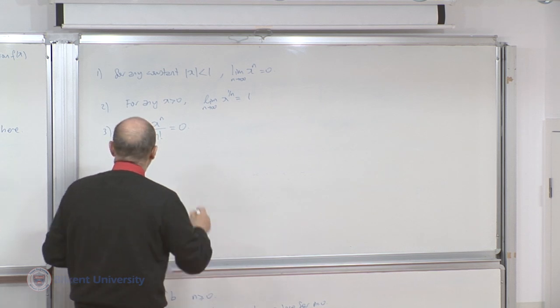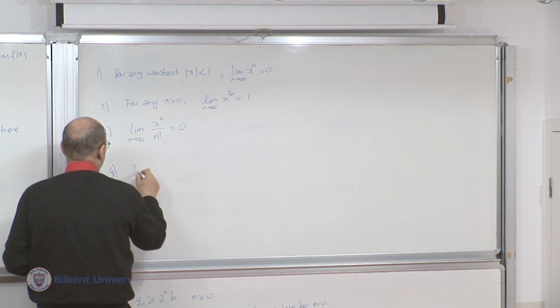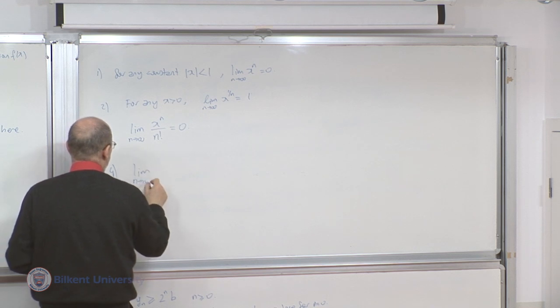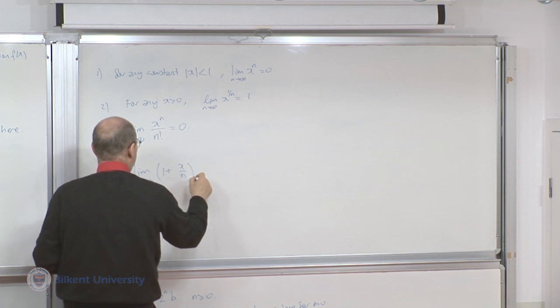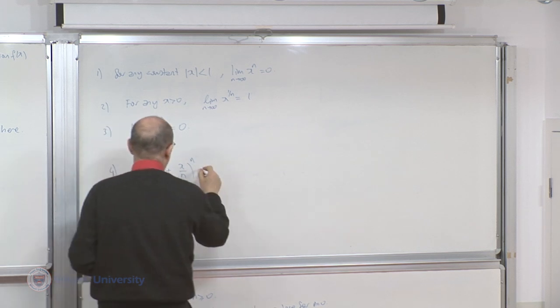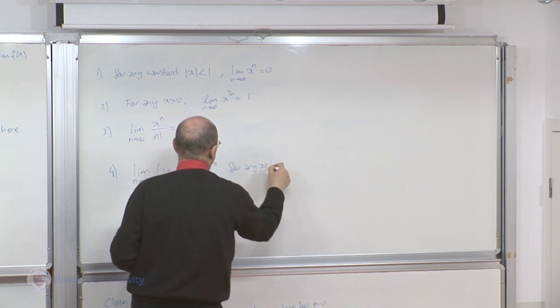And well, this one is important. You have to keep this in mind. This will show up very often. As n goes to infinity, (1 plus x over n) to the n is equal to e to the x for any x.